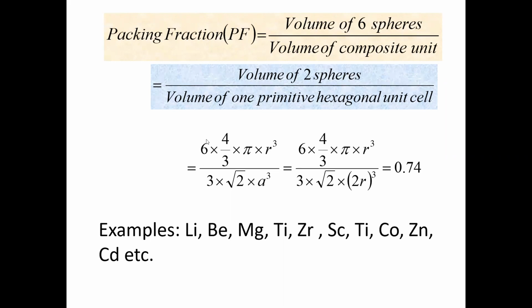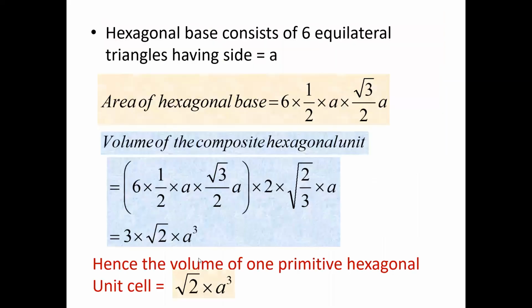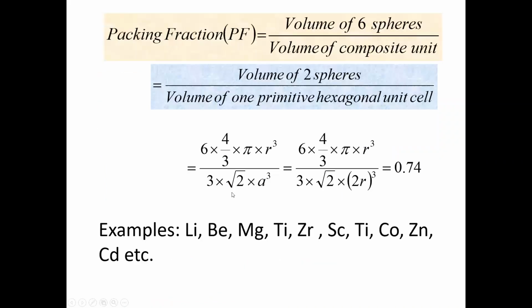So we have calculated 12 into 1 by 6 plus 2 into half plus 3, so total 6 spheres, into the volume of one sphere, which is 4 by 3 pi r cube, divided by 3 into root 2 A cube, because we found out the volume of the entire composite unit is 3 into root 2 A cube, and that will give you this.